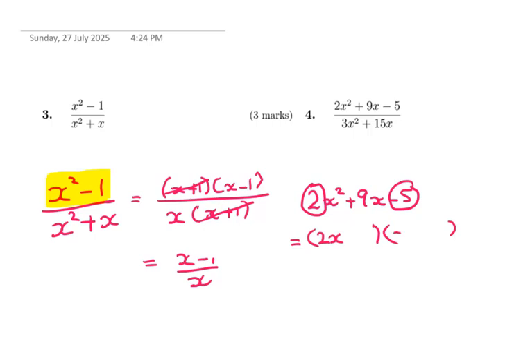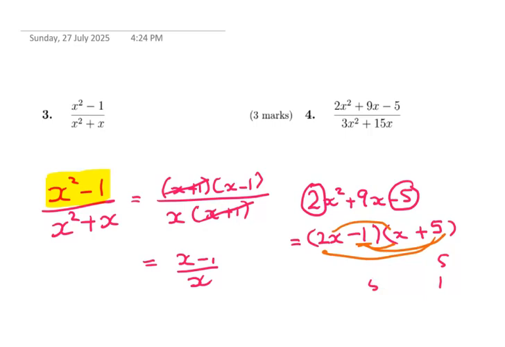So we're going to have a 2x here and an x here. We could have a 1 here and a 5 here, or a 5 here and a 1 here. If I make this one plus 5 and this one minus 1, then I can check that that works out, right? We've got 2x squared, and then we've got minus x plus 10x, and lastly we've got minus 5.